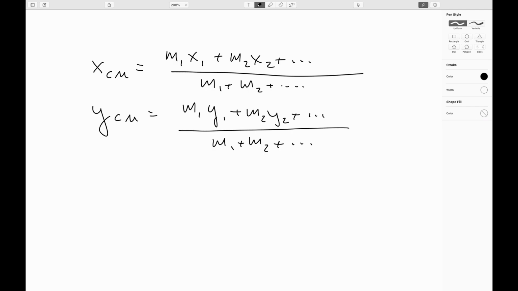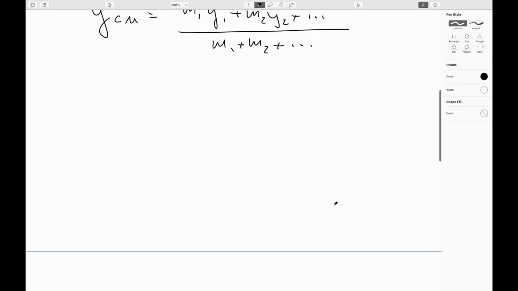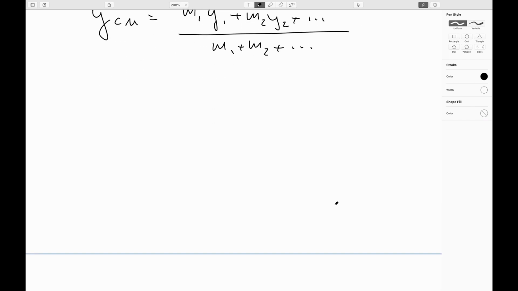So just to make things a little more concrete, let's try finding the center of mass for a collection of 3 particles. I'm just drawing some coordinate axes here. Let's say the tick marks are going to be meters. So 1, 2, 3, 4, 5.